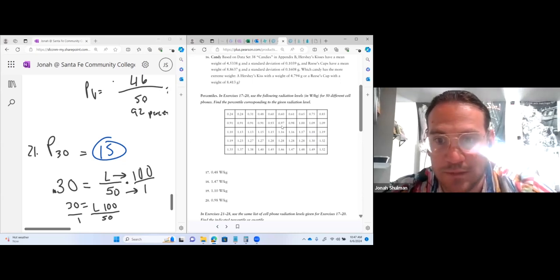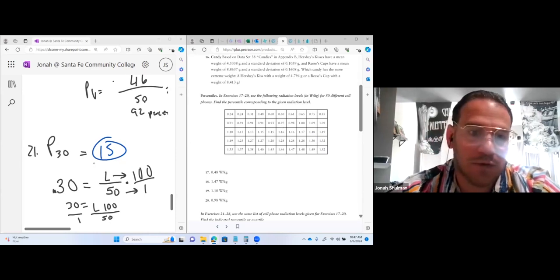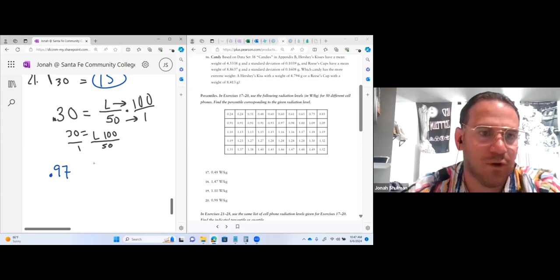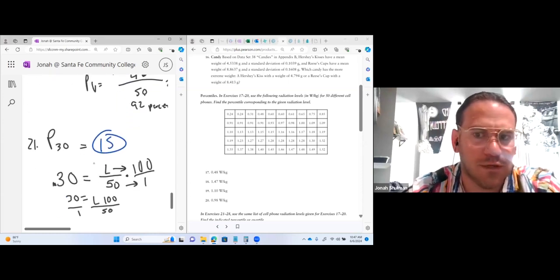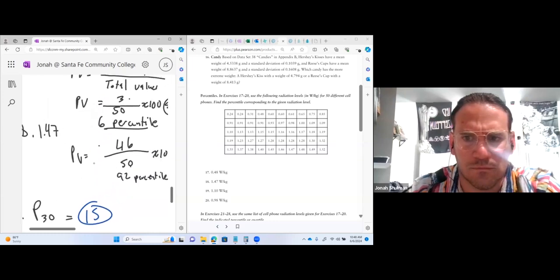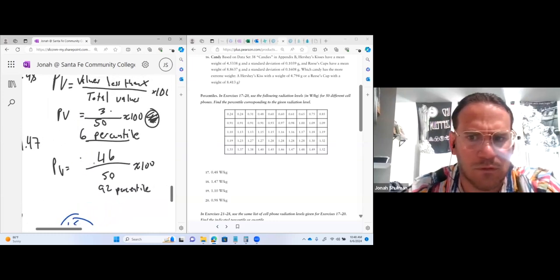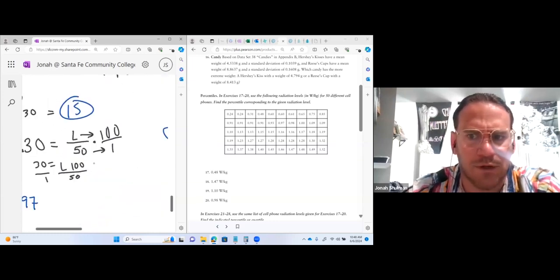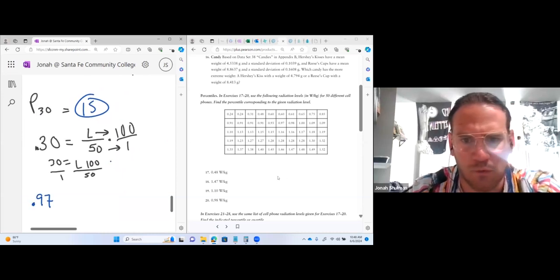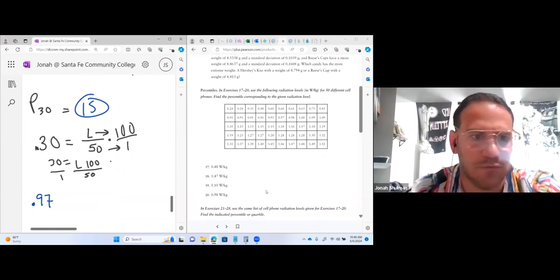So this is 0.97. Let's check it out. 0.97, right? So we know 0.97 is right here, right? So if we have 0.97, we should be able to get what? We should be able to get a 30 at the end.